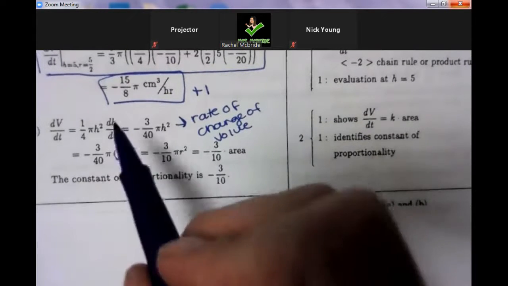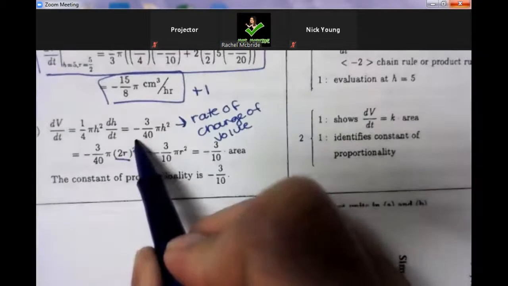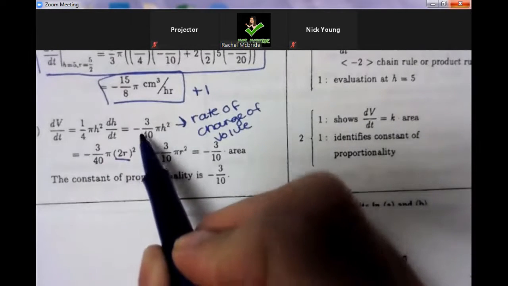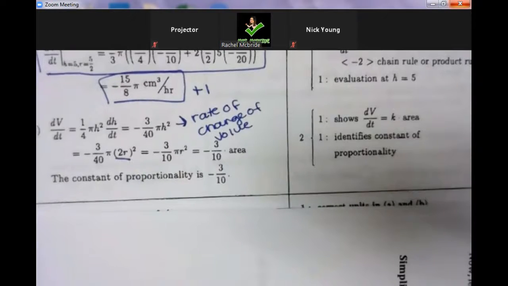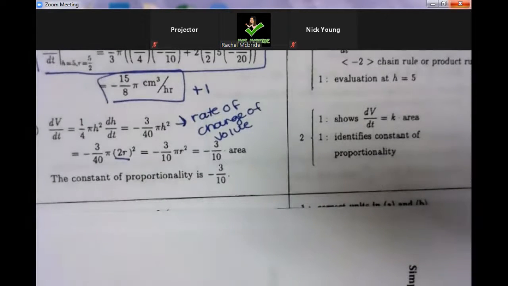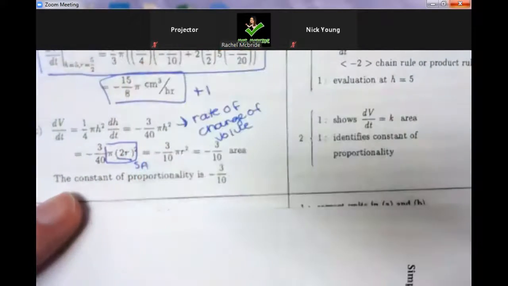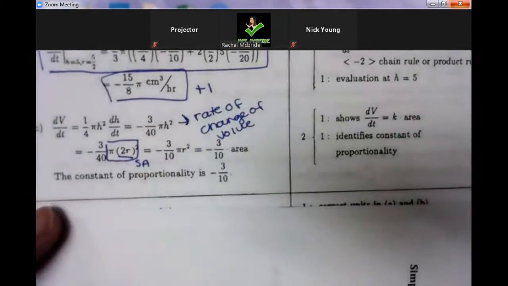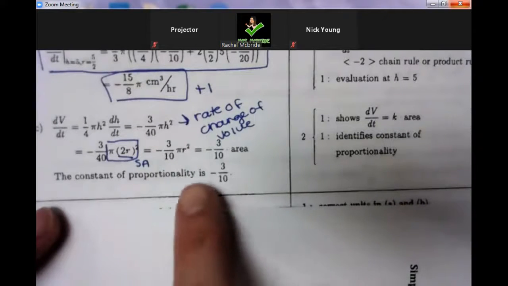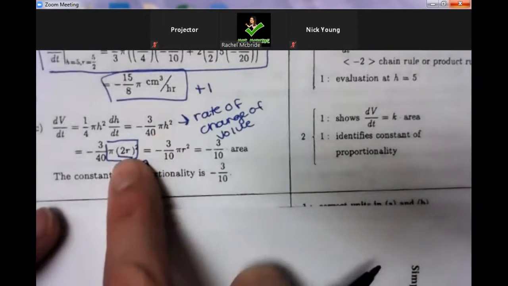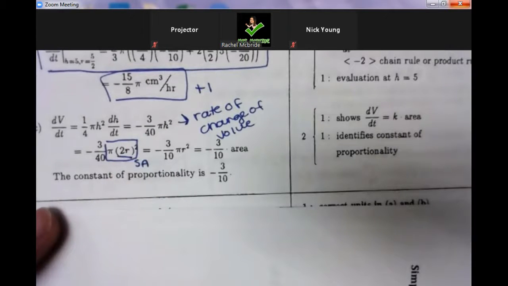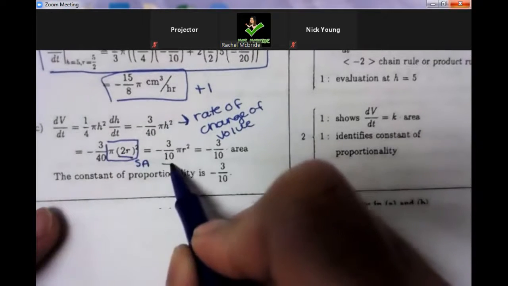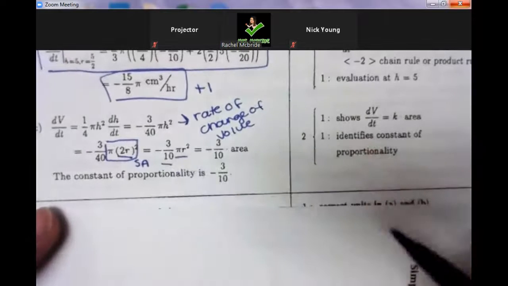So this K value, this negative 3 over 40, represents kind of like the proportion. And then pi r squared represents the surface area, or area of a circle. We know that the radius with respect to the height is 2r. And then this is the rate of change of the height times the area.